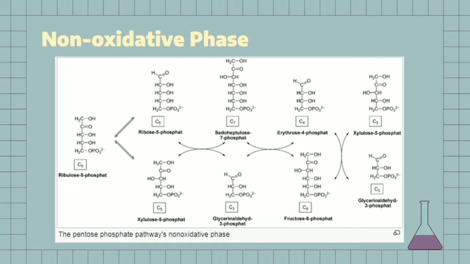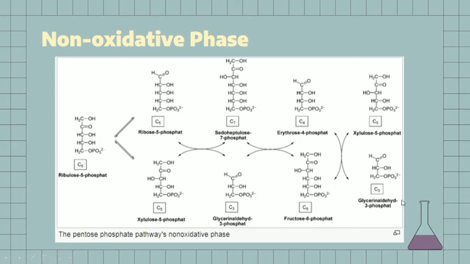The three carbon sections are transferred to the glyceraldehyde 3 phosphate, which is now formed into fructose 6 phosphate. And this fructose 6 phosphate is one of the final products of the non-oxidative phase.